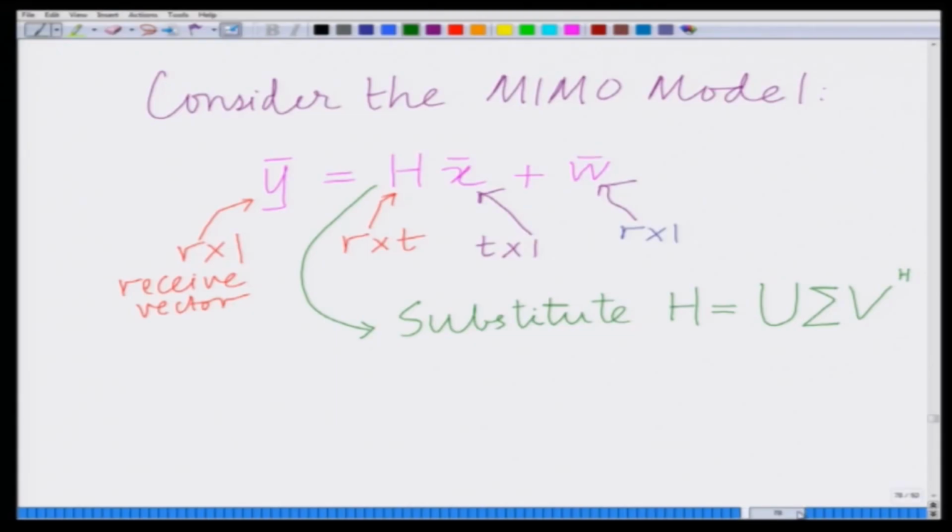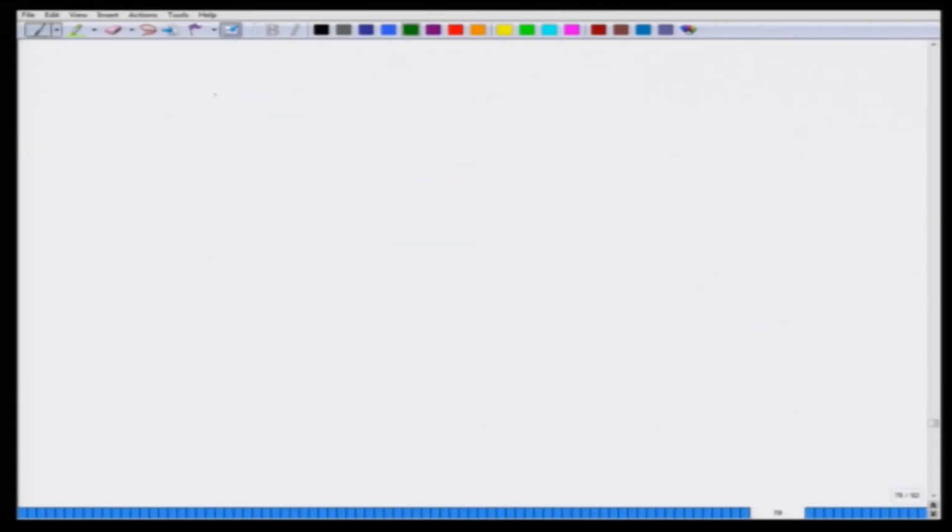So, I had y bar equals H x bar plus W bar. Now, substituting for H its SVD, I have y bar equals U sigma V Hermitian times x bar plus W bar.